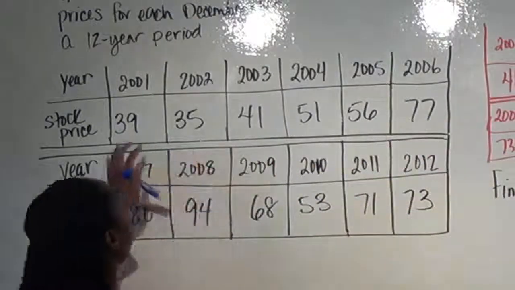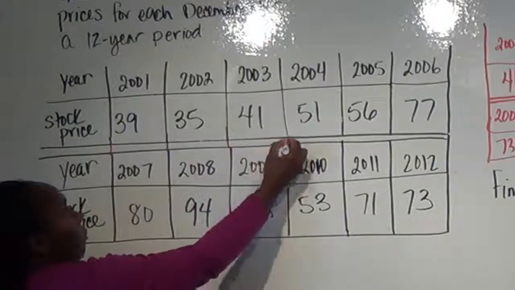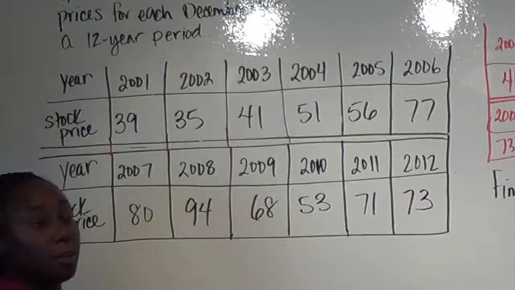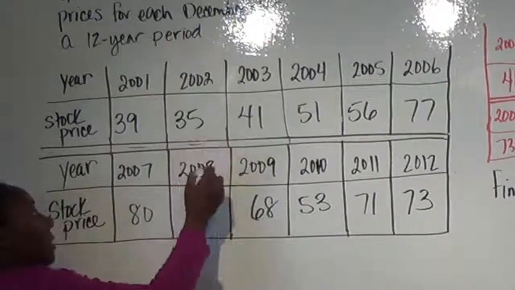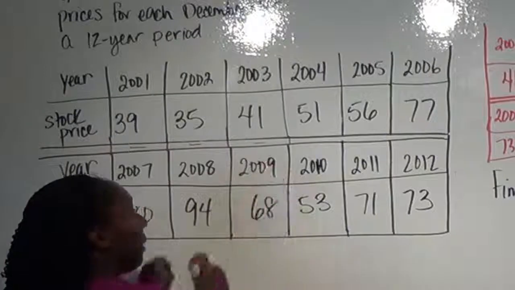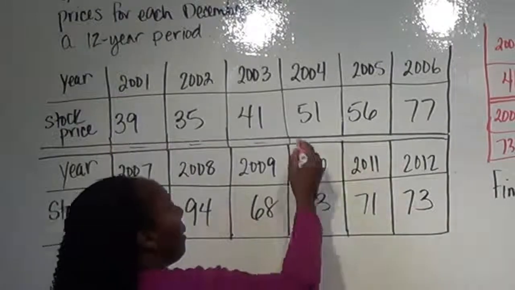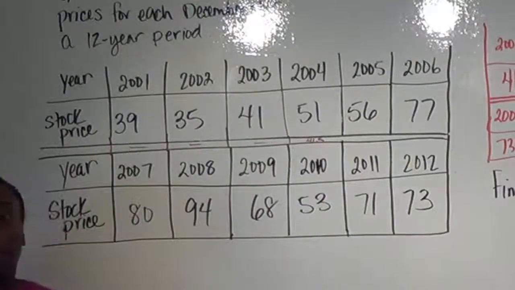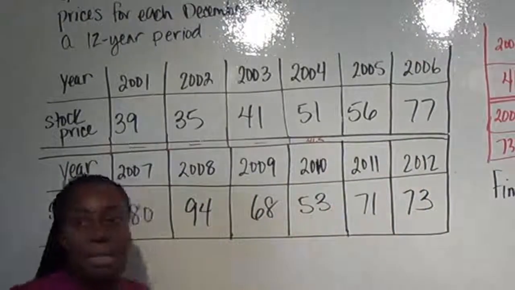So for example, in 2001, there wouldn't be a moving average in the first year because I don't have 4 years worth of data. Likewise, in the 2nd and 3rd year, I don't have 4 years worth of data, so those would be just left blank. And then in this next year, that's where I would put in my 41.5 and so forth. And from there, I'd be able to fill in the rest of my table.